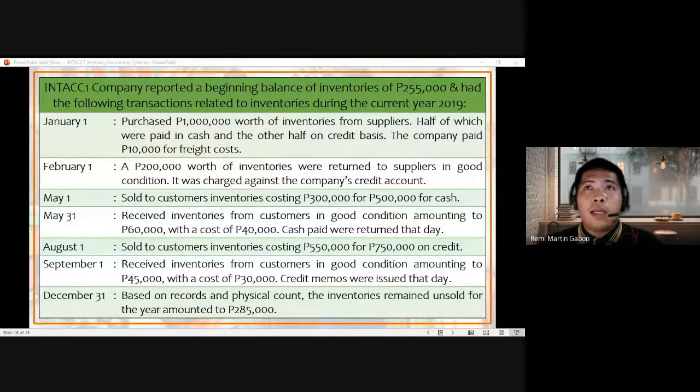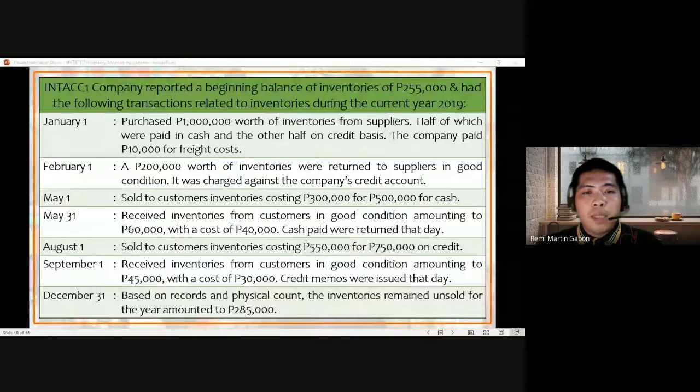Sasabihin doon sa memo that your account had been decreased because of the return or return accepted. So, anong gagawin ni company? Babawasan ng accounts receivable niya kay customer. Yung gagawin naman ni customer, babawasan ng kanyang accounts payable kay seller. Yun lang ibig sabihin ng credit memo. Okay?